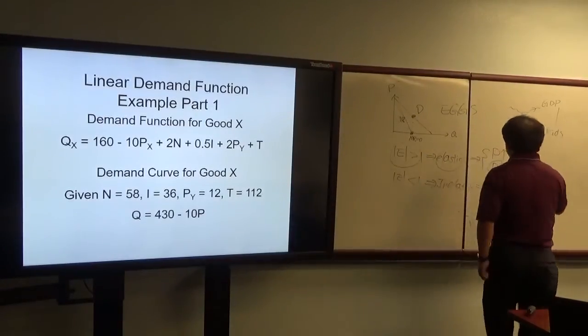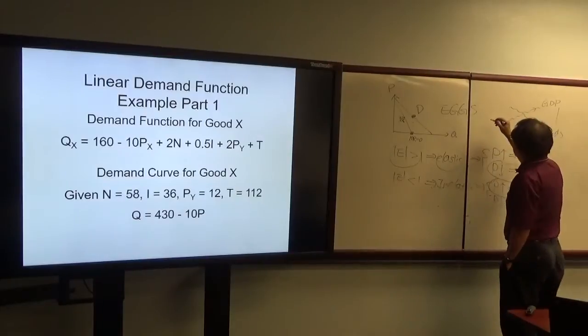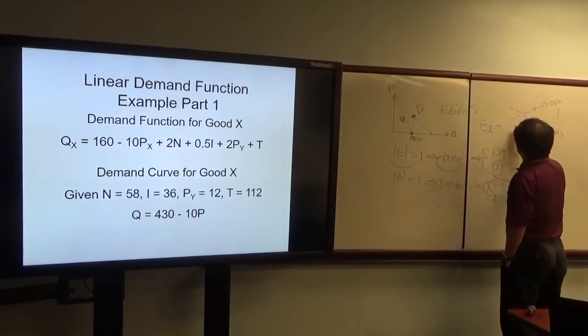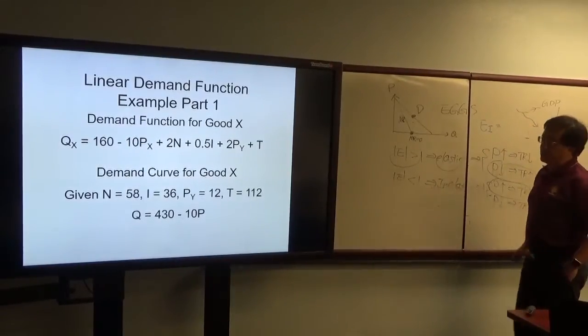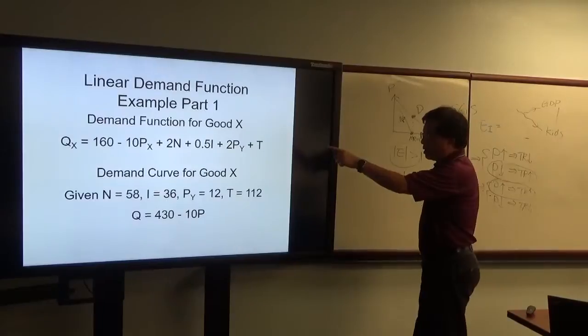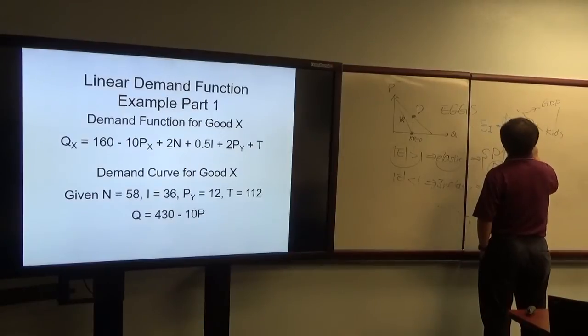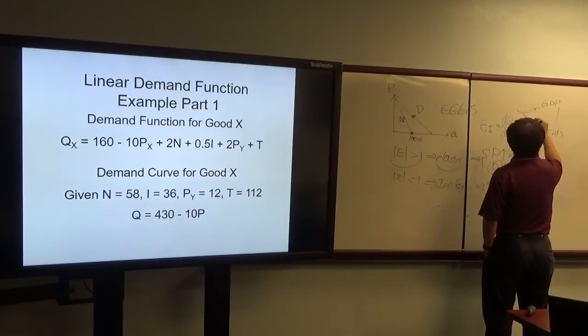What's the definition? Income elasticity, let's use the notation EI. You take the derivative of the quantity with respect to income, then times income divided by the quantity.